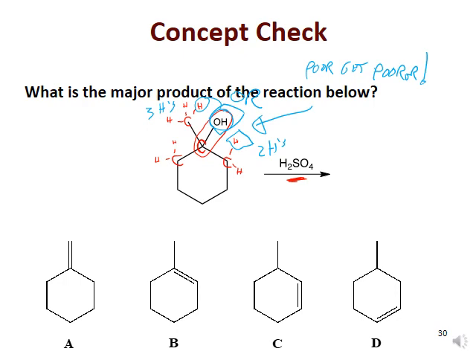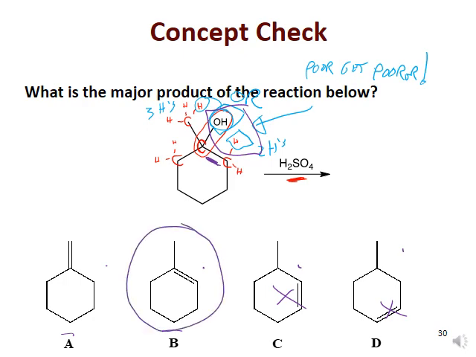Because this has 3 H's, this only has 2 H's. Okay, so that means, let's get a third color. That means these guys leave and a double bond gets formed right there.